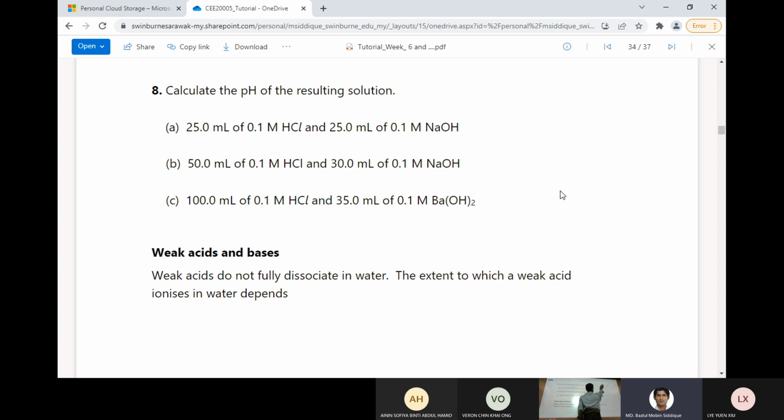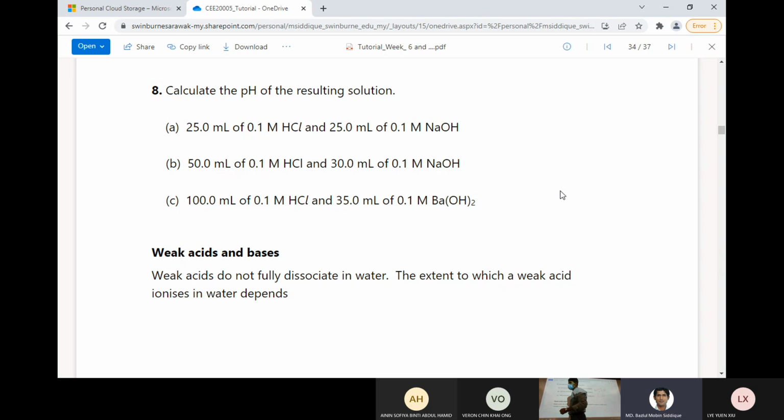For this question, A, 25 milliliter of 1 molar HCl and 25 milliliter of 0.1 molar sodium hydroxide are mixed together. So this is 25 and this is 25 together. Let's say that we pour them together in another container.